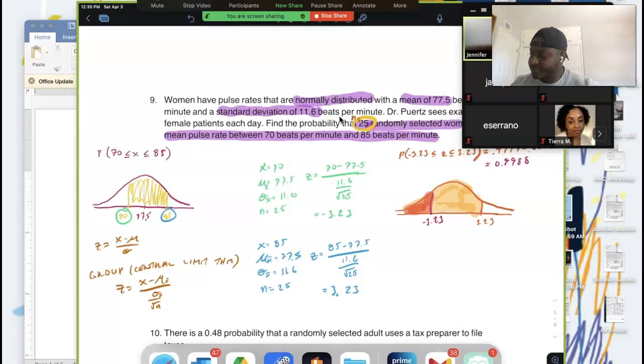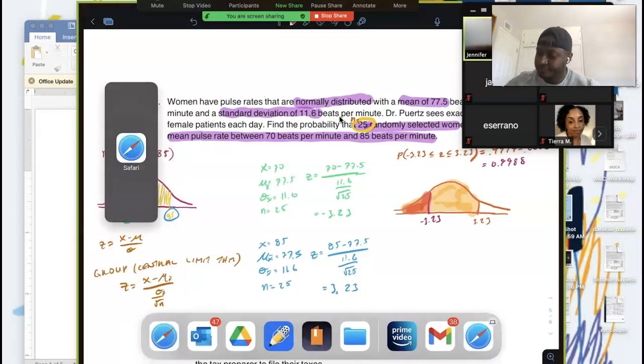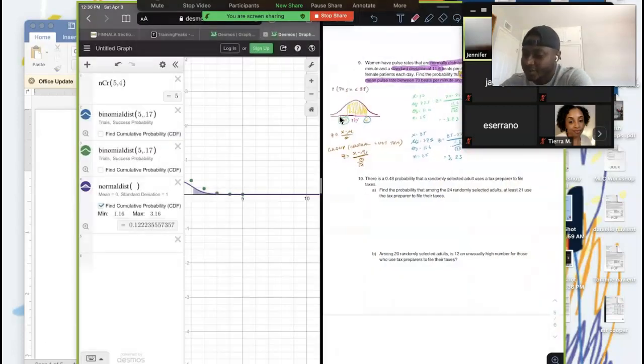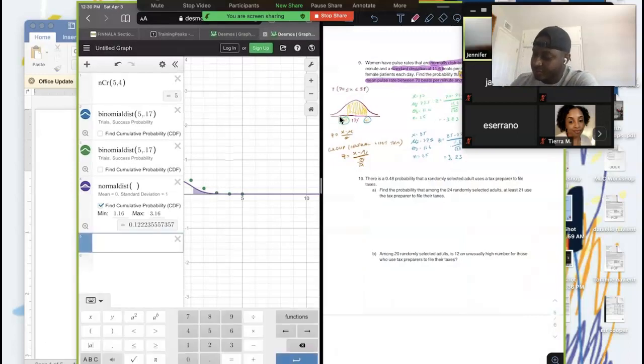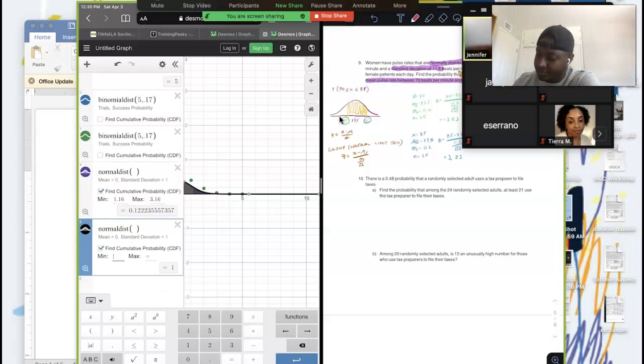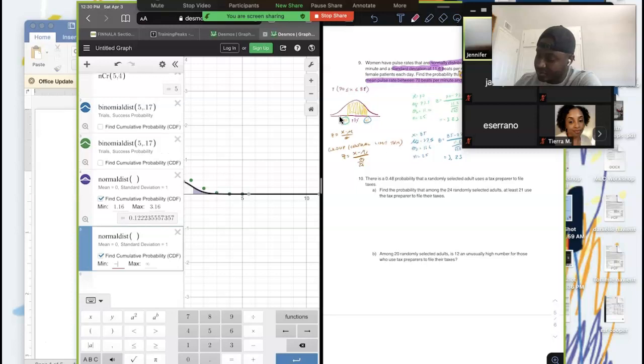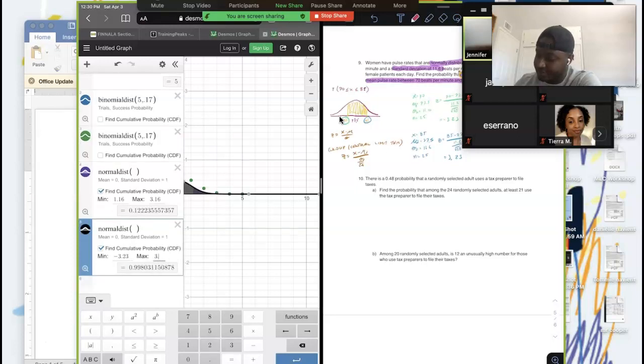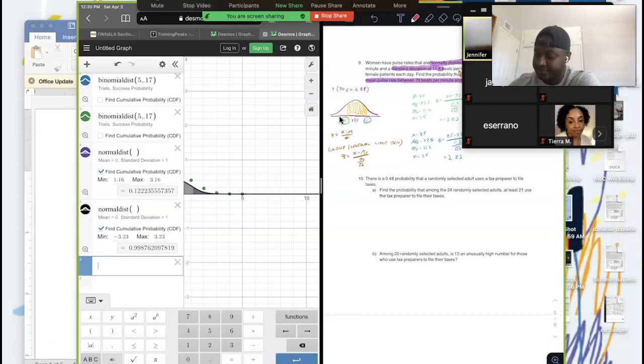So in decimals, you would go functions, normal distribution. Again, we standardized it so we can leave it. Find the cumulative probability, and then we'll go negative 3.23 for your minimum, positive 3.23 for your maximum, and then that's our answer.